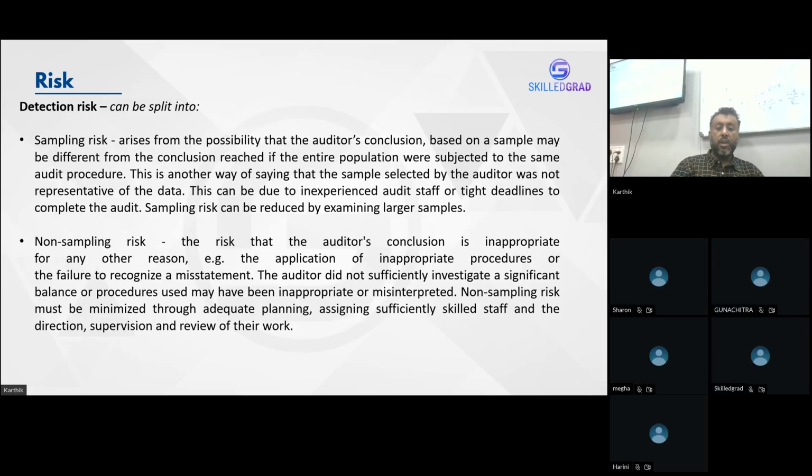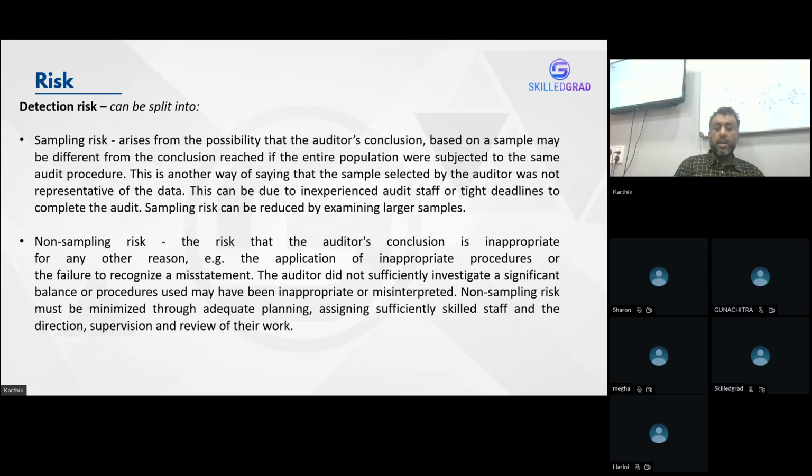So this is another way of saying that the sample selected by the auditor was actually not a true representative of the whole population. I've taken a sample of 20 invoices which did not represent the overall population. That is known as sampling risk. This could be because the auditing staff was inexperienced, or they had deadlines to finish the audit.